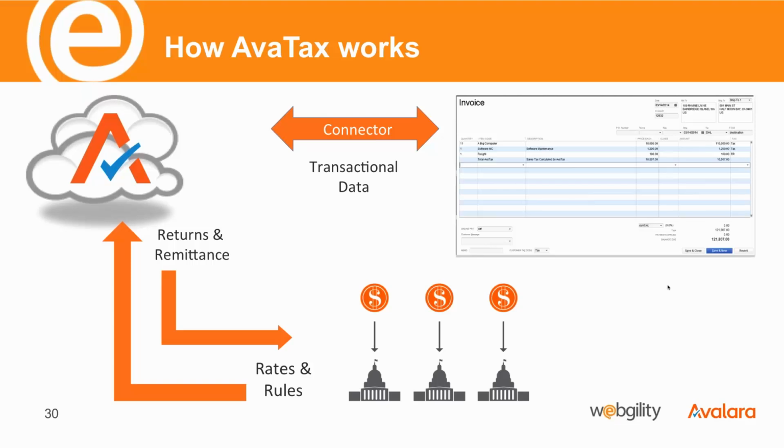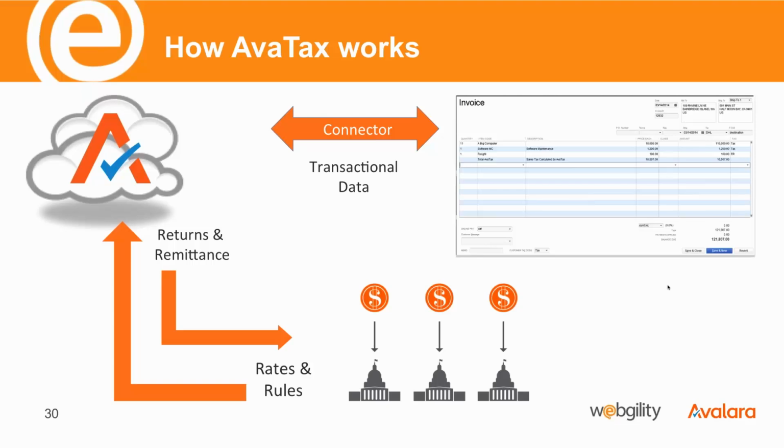Now, since we have that data up in our cloud for all your transactions, we're able to automatically file the returns on your behalf as well. So instead of going in and filling out the tax returns for every jurisdiction you need to file each month, all you need to do is log into your Avalara website, go into the sales tax return section, and we'll show you for all the jurisdictions where you have nexus how much sales tax you've collected, how much of that is due, and what your return filing calendar is.